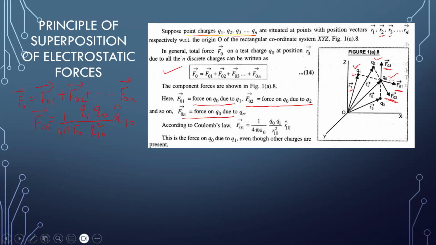We are writing it in vector form. So this is the force on Q0 due to Q1, even though other charges are also present, as the principle of superposition states that the presence of other charges does not affect the force we are calculating on the charge Q0 due to Q1.